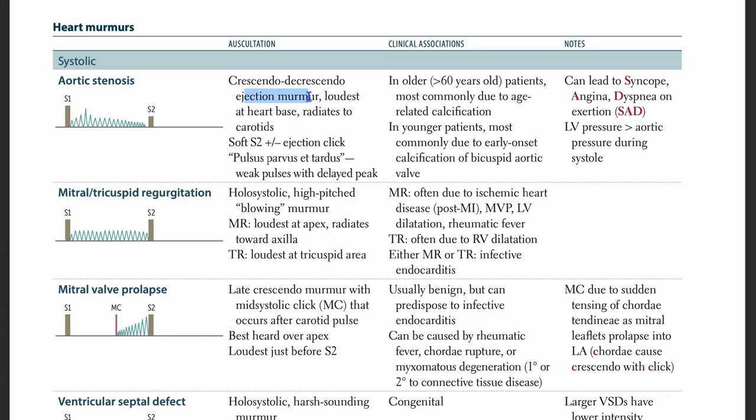Ejection murmur, then you have loudest at heart base and radiates to the carotids. So if they tell you it's carrying the murmur into the carotids, it's going to be aortic stenosis. Soft S2, they give you that a soft S2 is heard. So that could also hint you that it's this, with or without the ejection click. So that's easy.